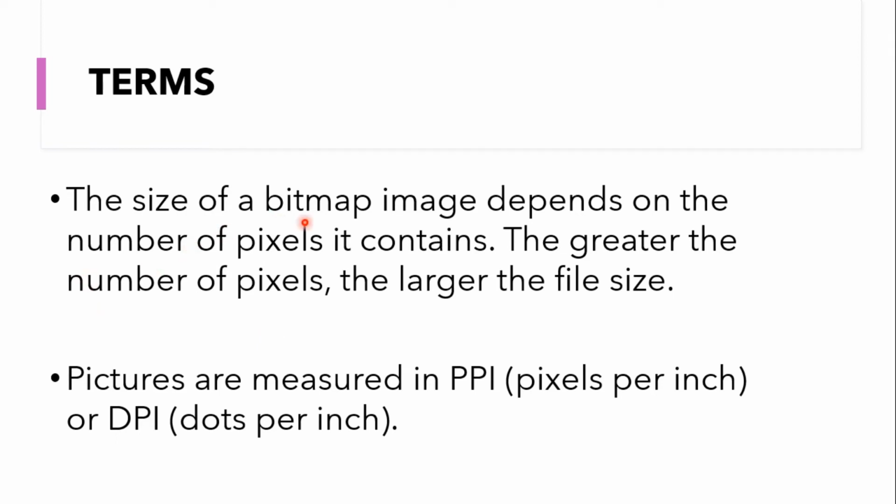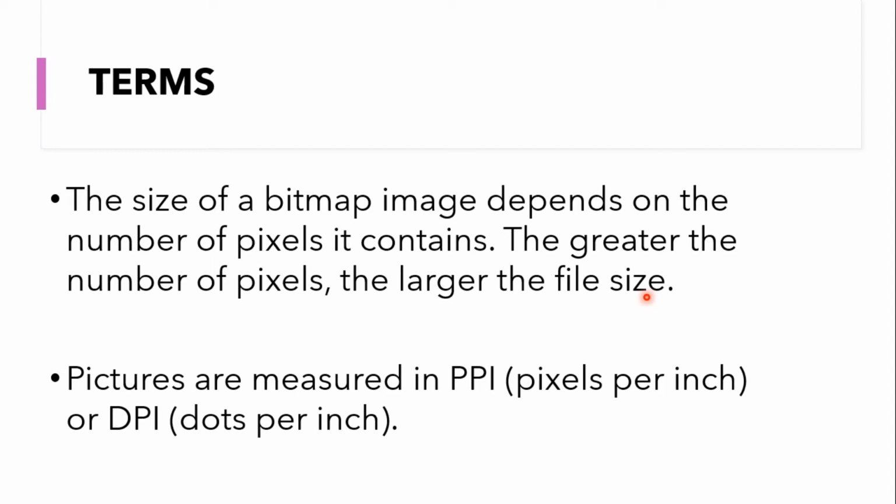The size of a bitmap image depends on the number of pixels it contains. The greater the number of pixels, the larger the file size, and the better the quality of the picture.